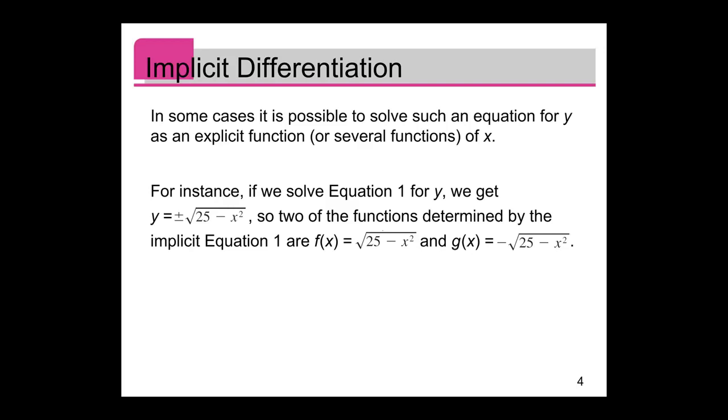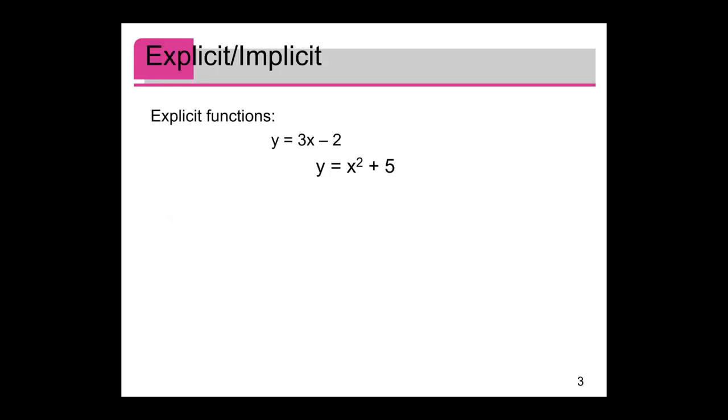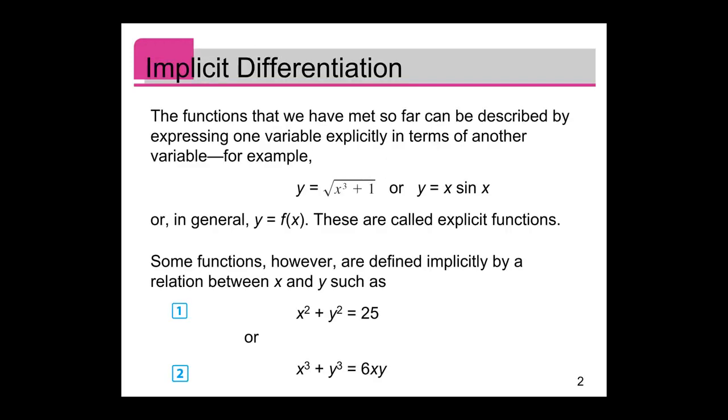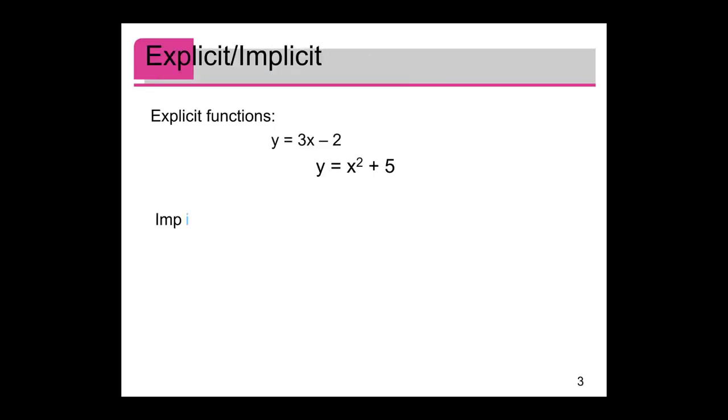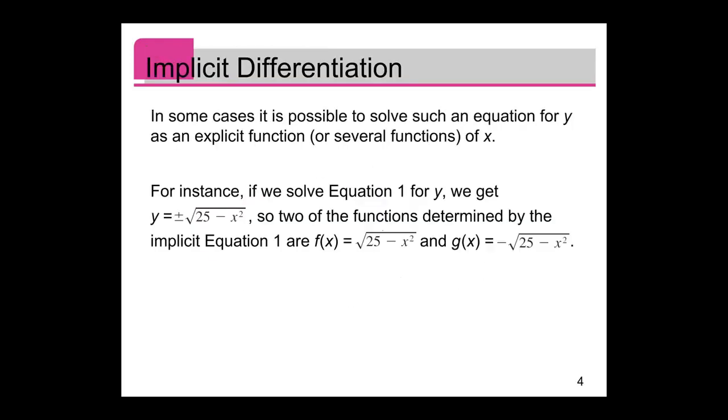So, like I said, we could solve equation 1, x squared plus y squared equals 25. We could solve that, and we would get plus or minus the square root of 25 minus x squared. So we have two functions, and we'd actually have to determine, when we're solving this, which function we're using, because there is a plus and there is a minus function.